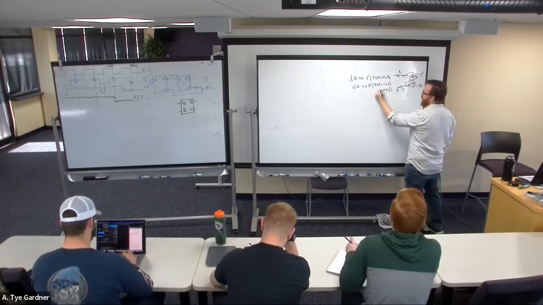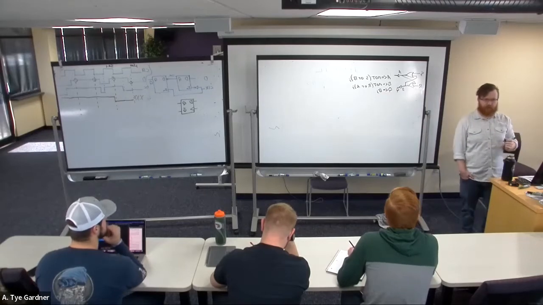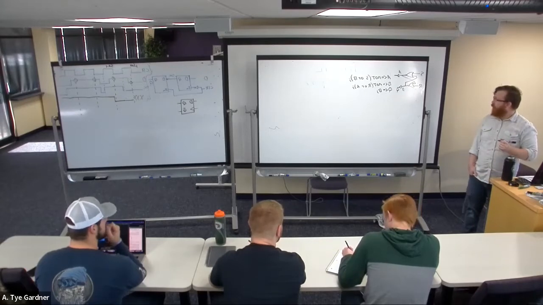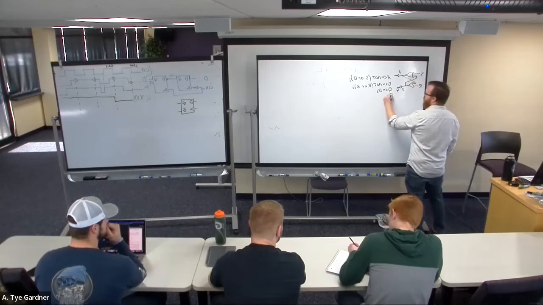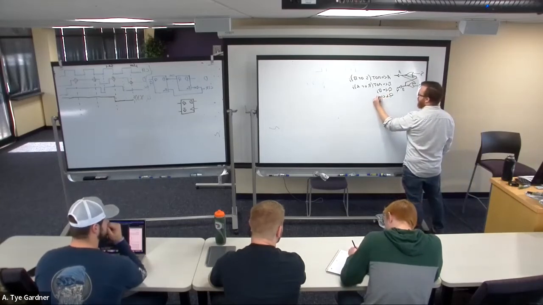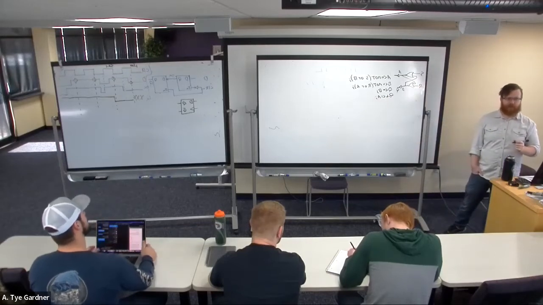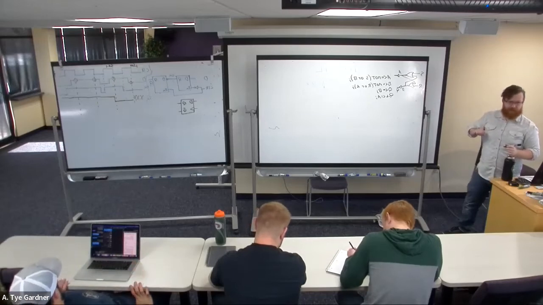So Q gets assigned to B. Wait, would you still have the same thing for A? Yeah, so Q bar gets assigned to A if I wanted that output accessible as well. There we go, we built an SR latch.